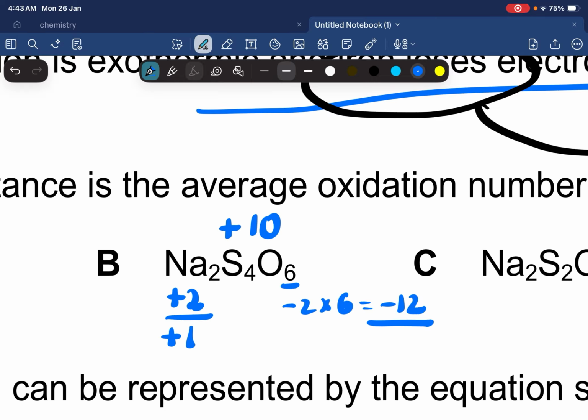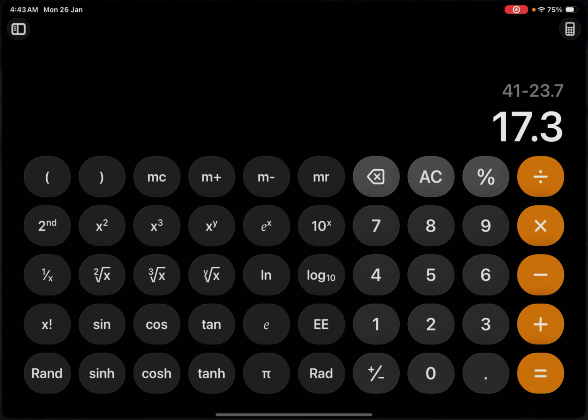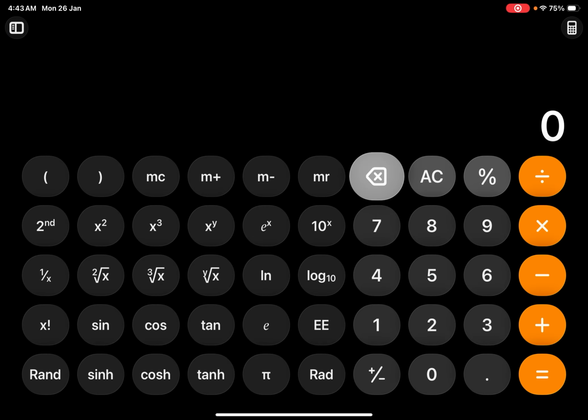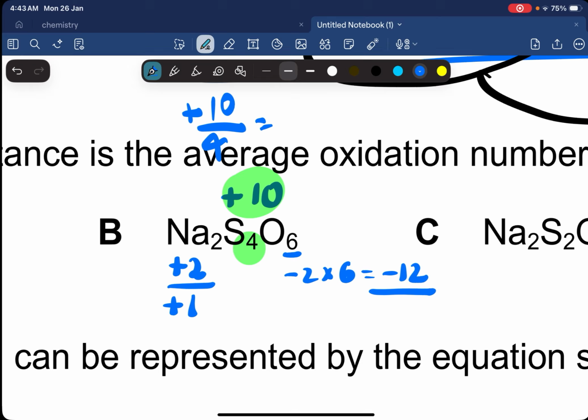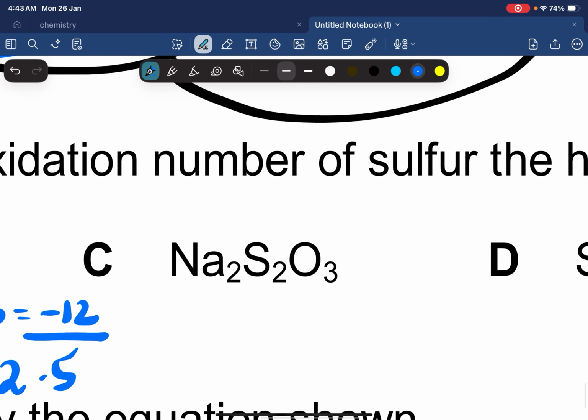And now, this positive 10 is being given by 4 sulfurs. So 1 sulfur is going to give positive 10 divided by 4, which gives 2.5. So over here, sulfur has an average charge of 2.5, right?